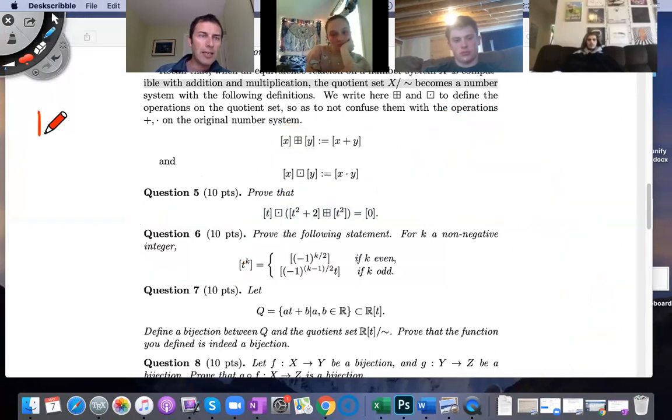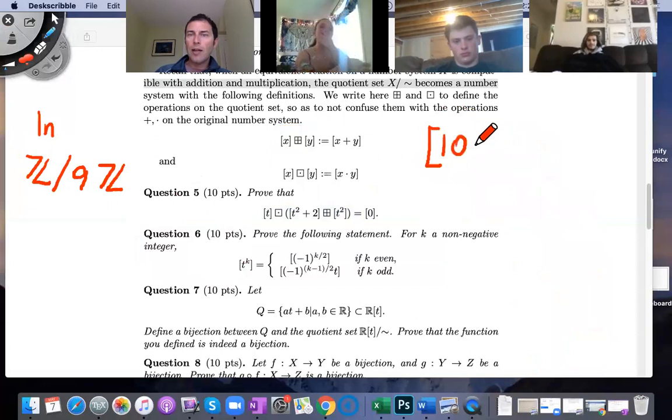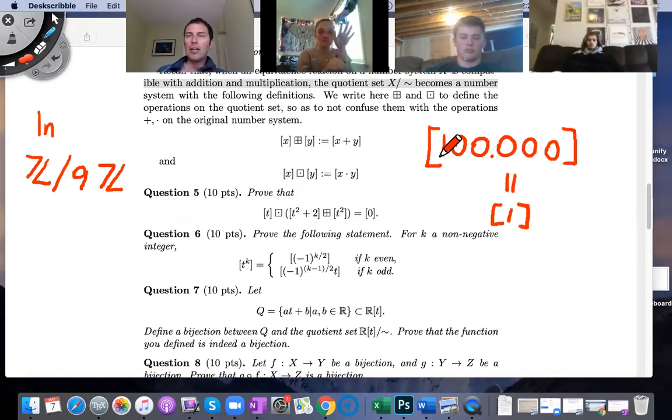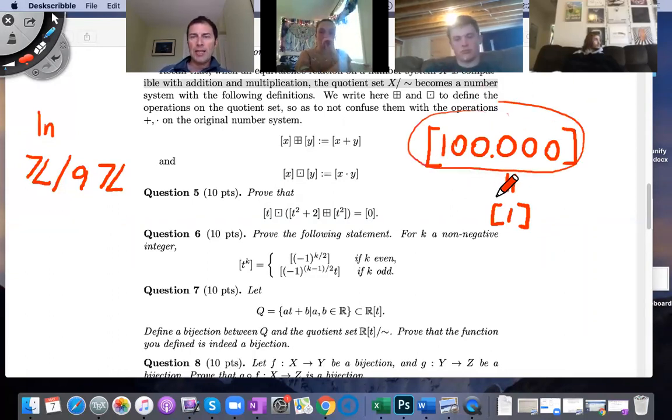In Z mod 9Z, if you have the number 100,000, you're like, well, geez, this is 99,999 plus 1, so this is the same as 1. So any computation that involves the number 100,000 in Z mod 9Z, you can just replace that with 1. And that a lot of times makes your life easier.